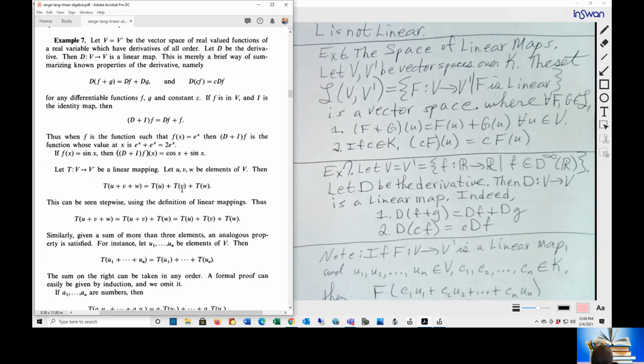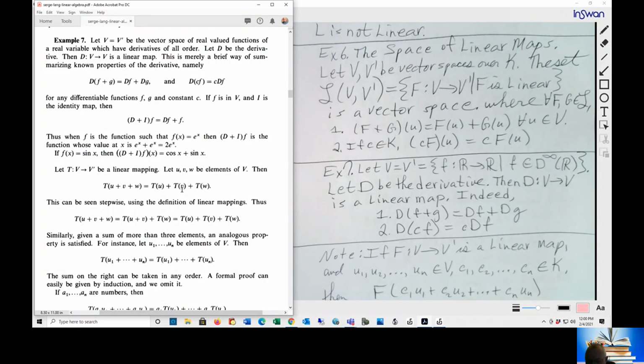So if we let V equal V' be the set of functions going from the reals to the reals, where f has derivatives of all orders, and my notation for that is D^infinity over the real numbers. So derivatives of all orders. Let capital D be the derivative, okay? Then D going from V to V is a linear mapping.